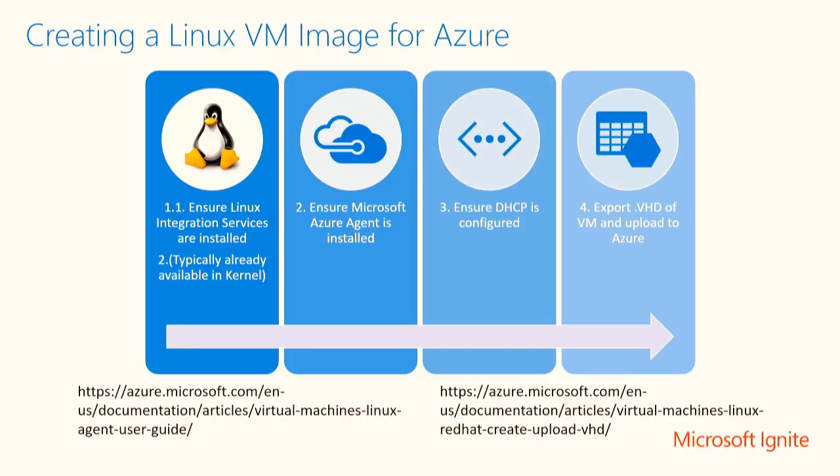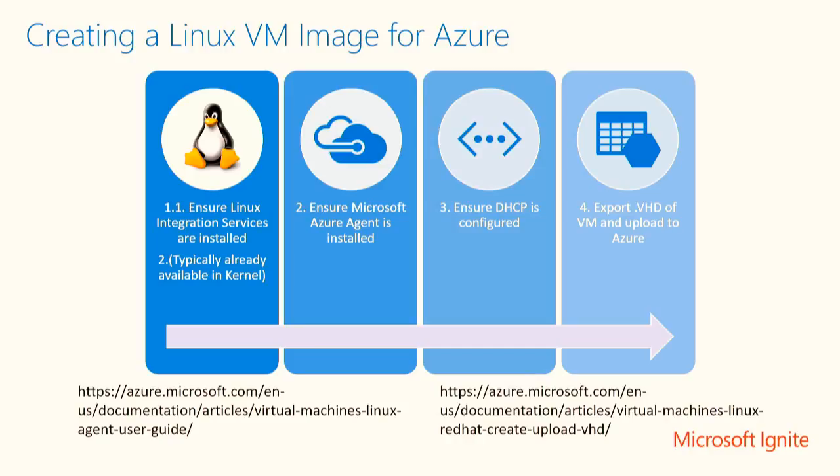And all the Linux integration services are drivers. So these are the Hyper-V drivers. So these are the same drivers that you would need if you're running on Hyper-V on-prem. So they're just enabling us to take advantage of all the virtual CPU, virtual memory, network, etc. in an efficient manner.